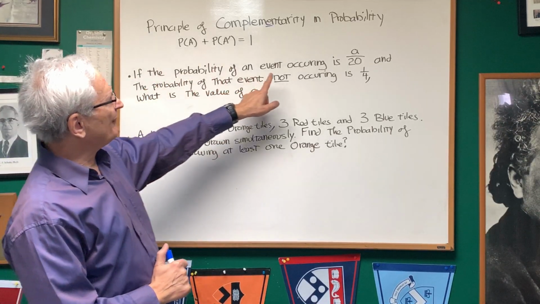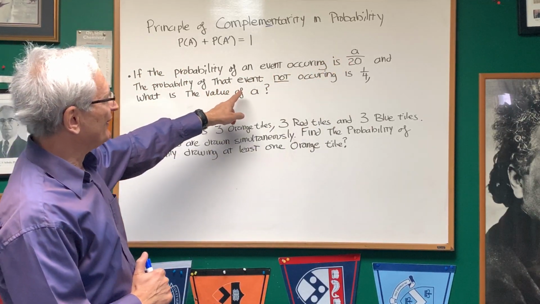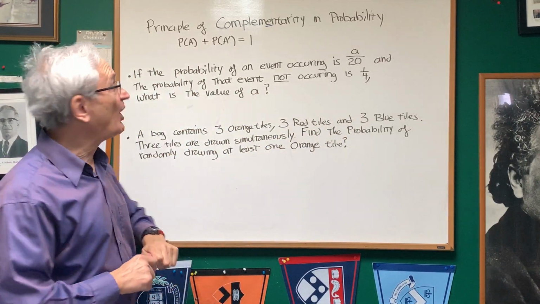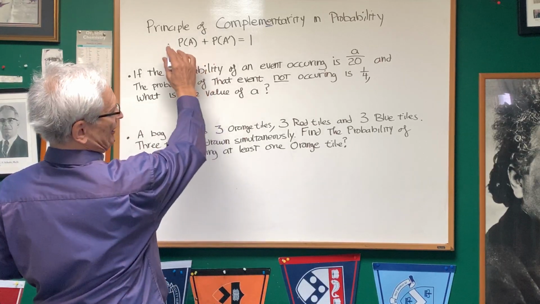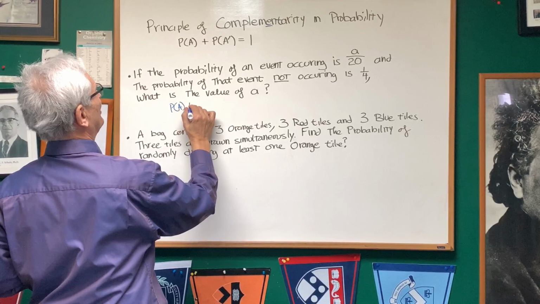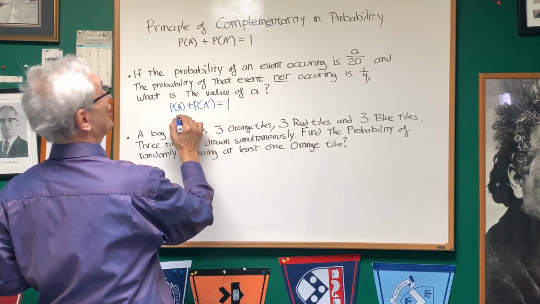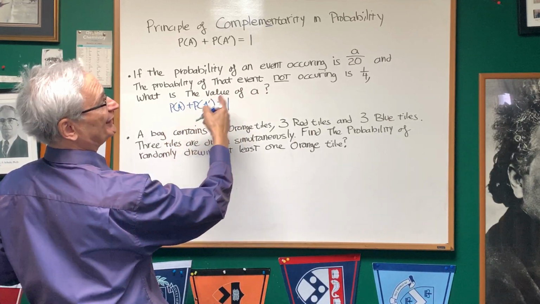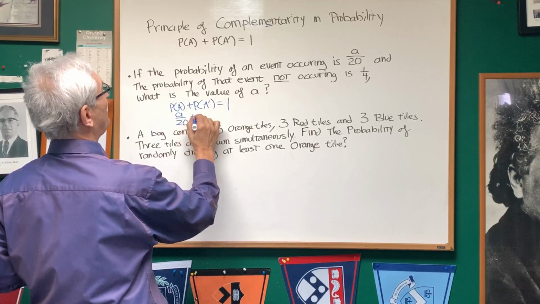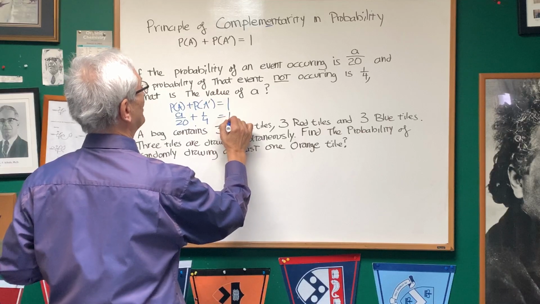If the probability of an event occurring is A over 20, and the probability of that event not occurring is 1/4, what is the value of A? Well, we're going to use the same principle here. The probability of A plus the probability of the complement of A is equal to 1. So the probability of the event occurring is A over 20, the probability of the event not occurring is 1/4, and that equals 1.